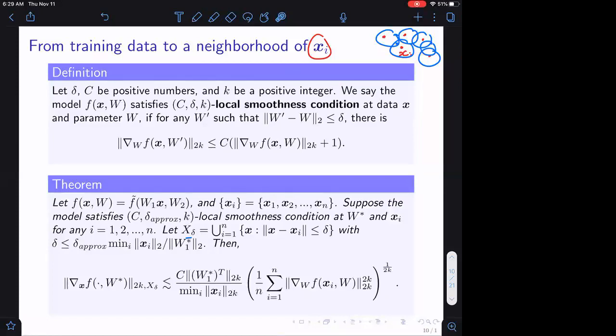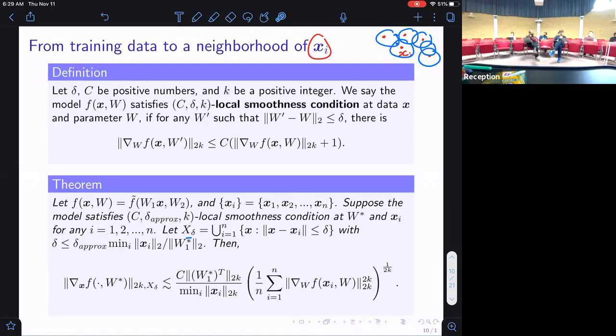So your question is how the constant C may depend on the dimension. That's a good question. Here we assume C is a constant; we didn't study the scaling.